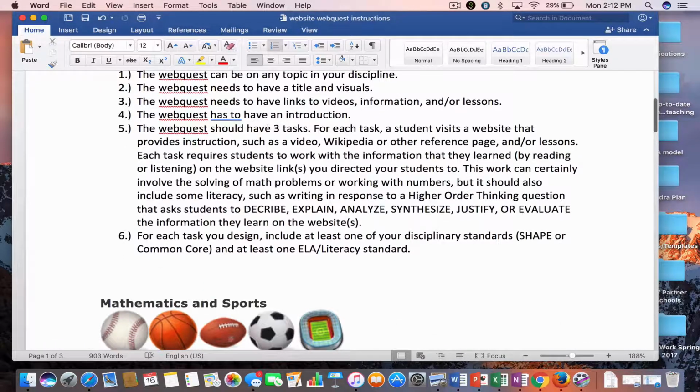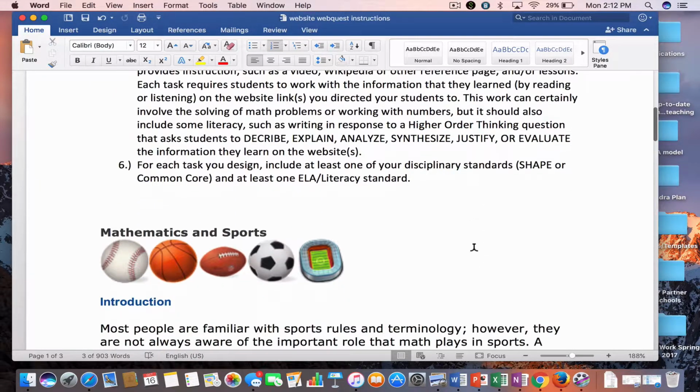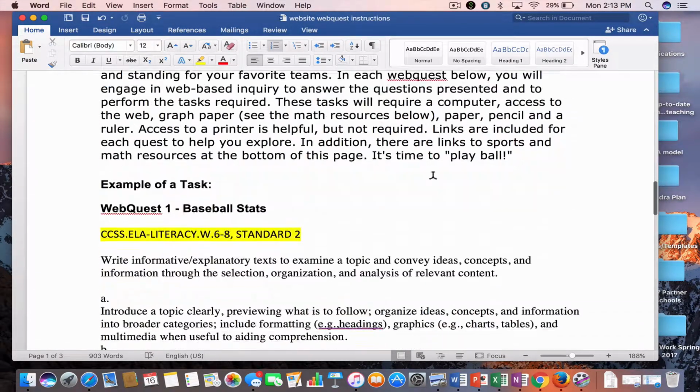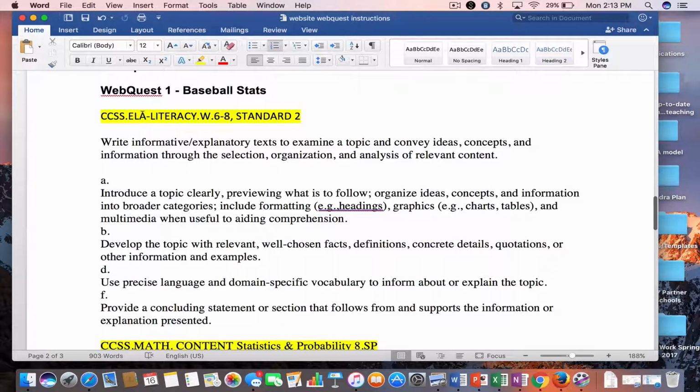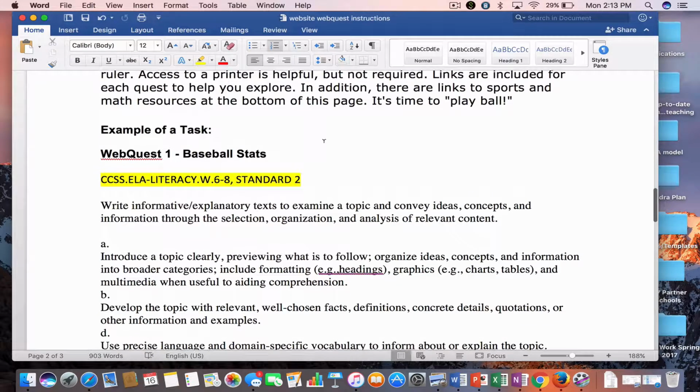It's an example of one task, but it has students working with the information they found on the links you provided, and it also has them working with the higher order thinking question. And that task includes at least one Common Core math standard, and it has an ELA literacy standard as well, and that's written in right here under the title of the task.